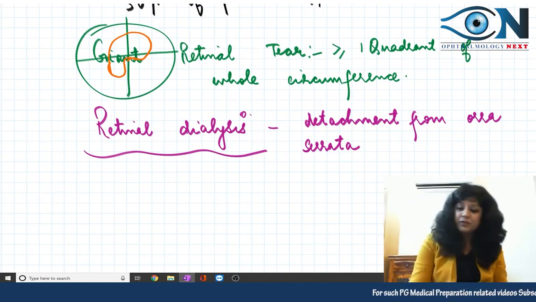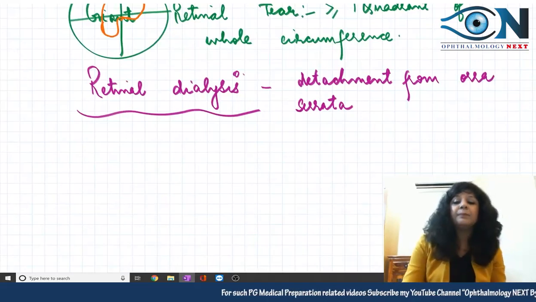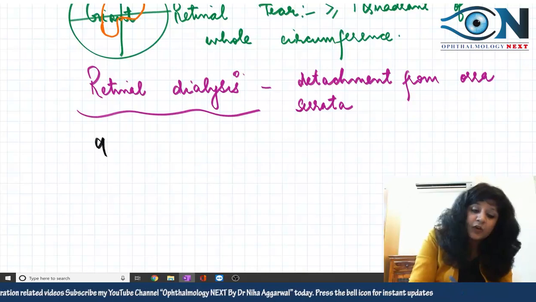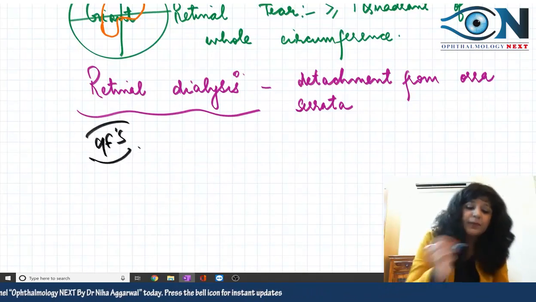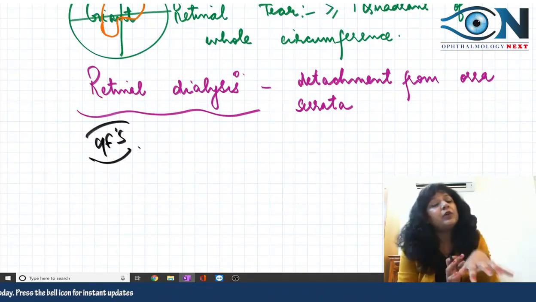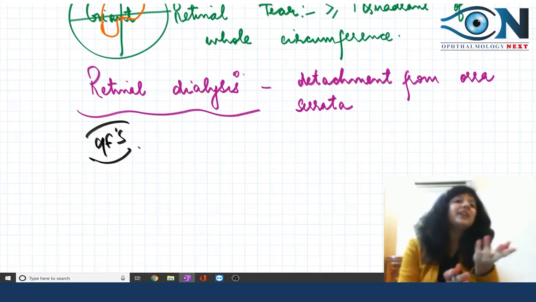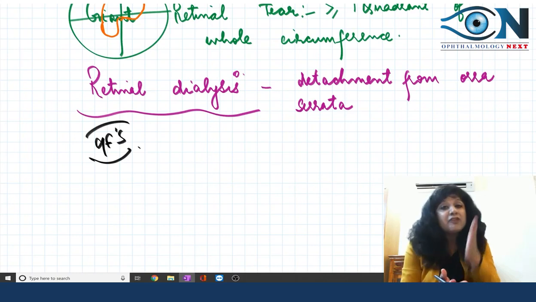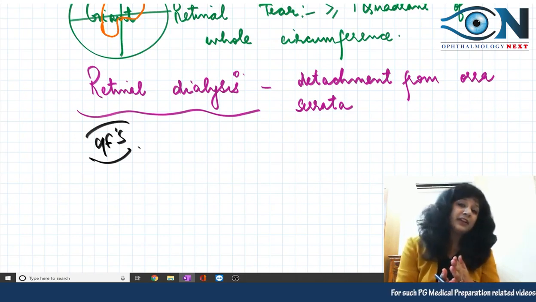Now, we will be talking about the other things. What are the clinical features and how will this patient present? Because we will be thinking about this only when I start thinking in terms of retinal detachment. So what is the main thing that should give me a clue that this can be a case of retinal detachment?